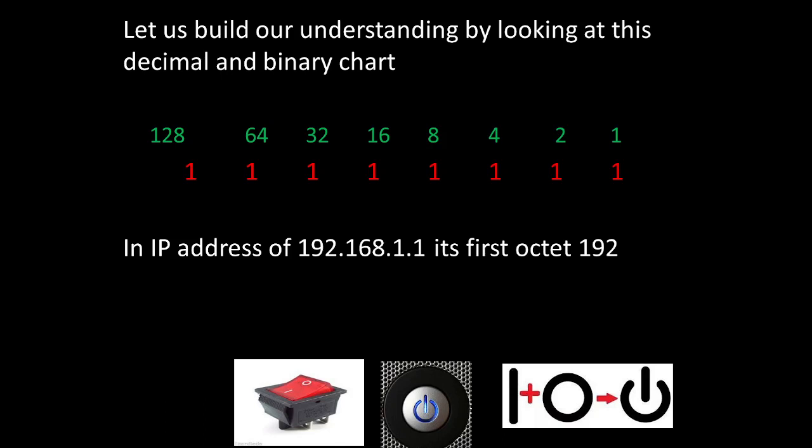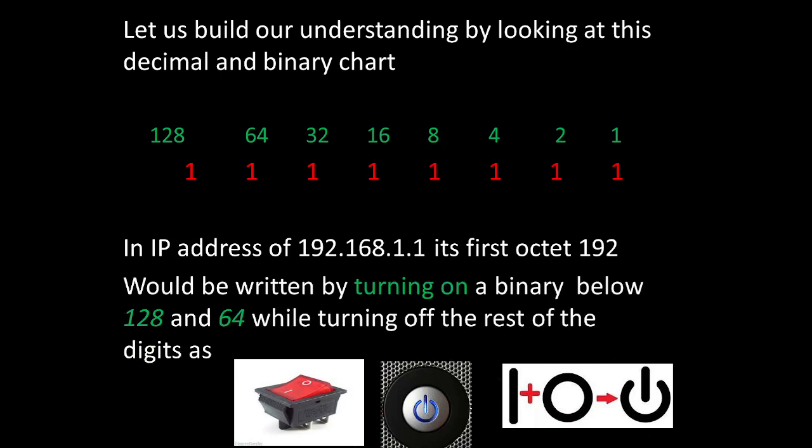So 192 is 128 plus 64, that's 192. So you're just going to turn on the one on 128 and the other one on 64. So that's the explanation that I was trying to put up there.